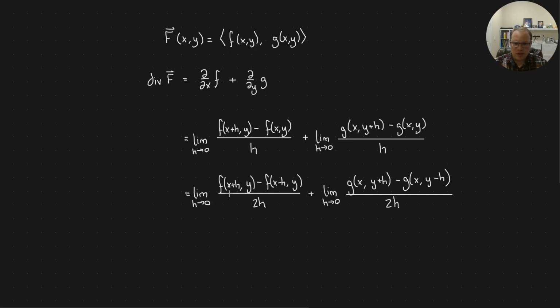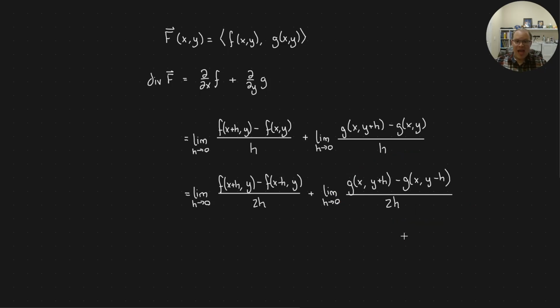So notice we're still taking the change in function f over the change in x. From here to here, I change my x from x minus h to x plus h, so that is a change of 2h. Same thing over here.